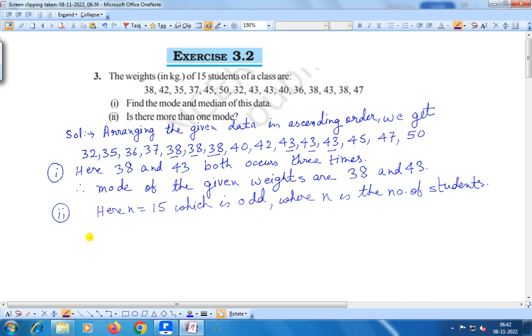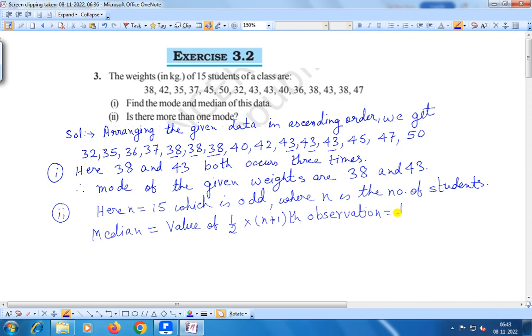Now median is equal to the value of the (1/2)(n+1)th observation.